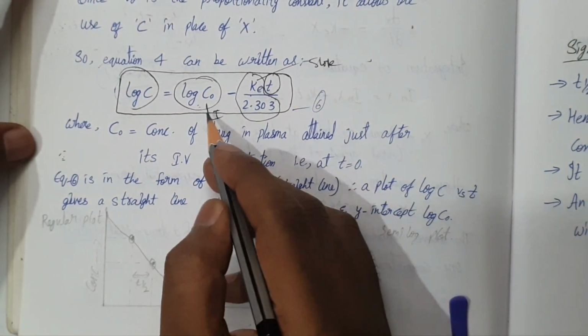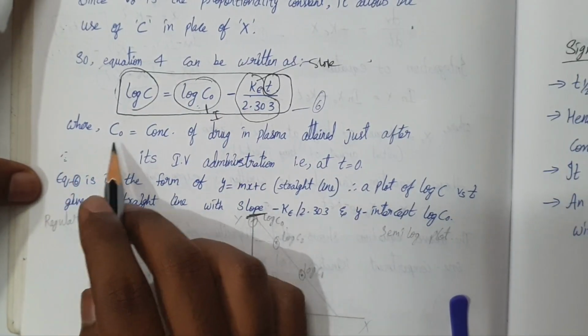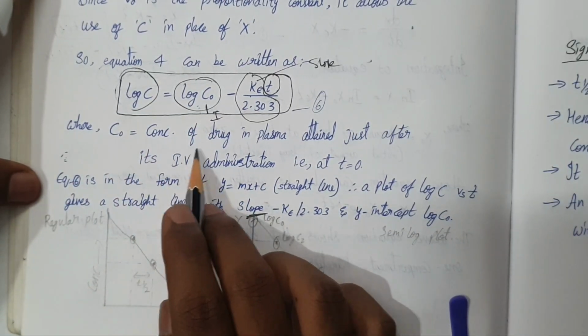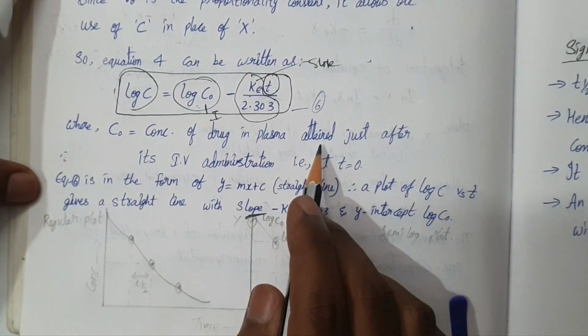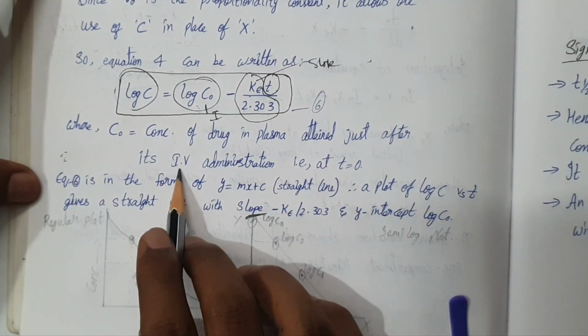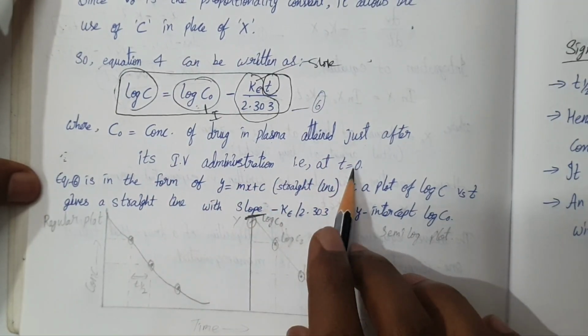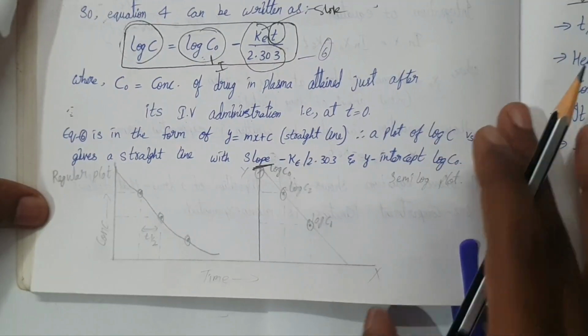This is the slope, this is the intercept, where C naught is the concentration of drug in plasma attained just after its IV administration at time 0.